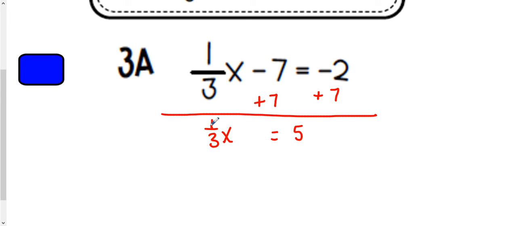So now we're going to multiply by the reciprocal. We have 1/3 x. So if we multiply by 3, that gives us 3 over 3, which is 1. So if we multiply by 3 here, then we multiply by 3 there. So x is equal to 15.